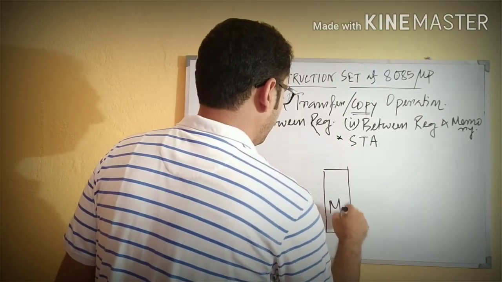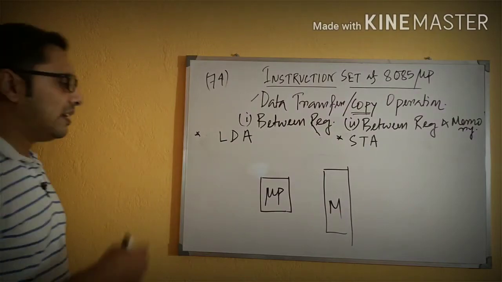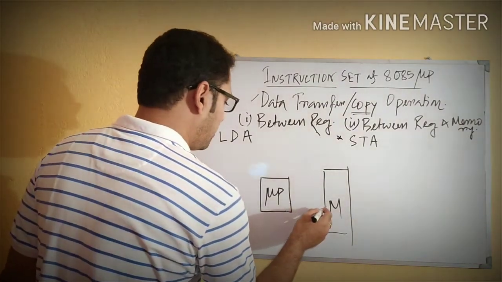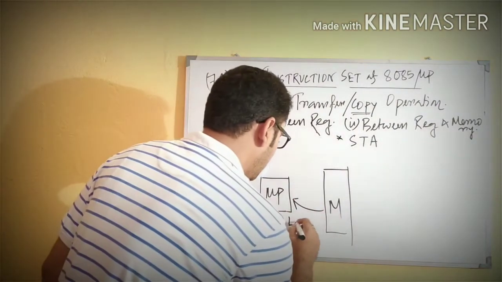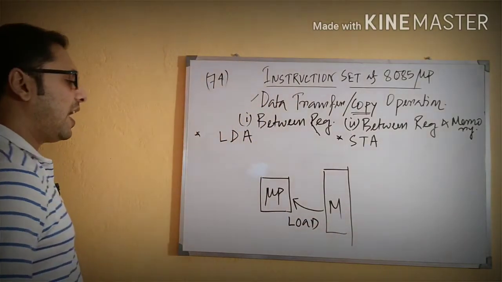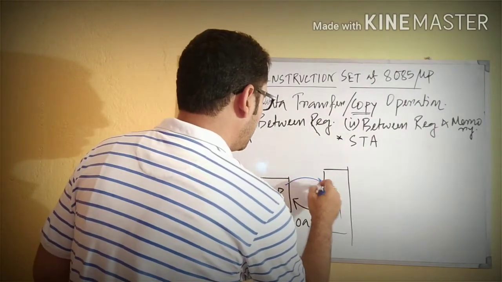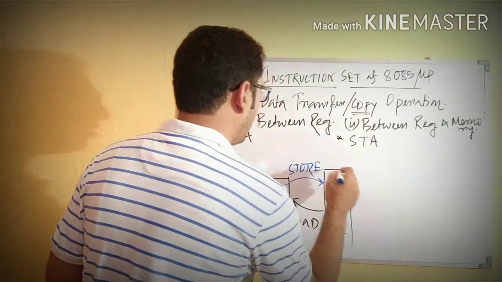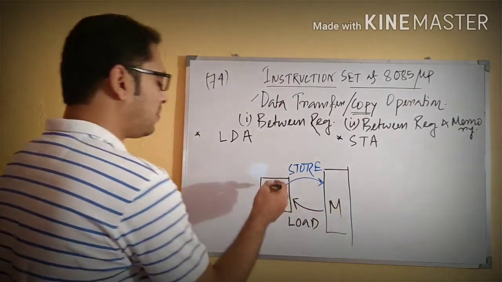Loading operation means data will transfer from memory to processor. That is called the loading operation. And when data transfers from processor to memory, that is called store or storing operation. So loading means data is traveling from memory to processor.